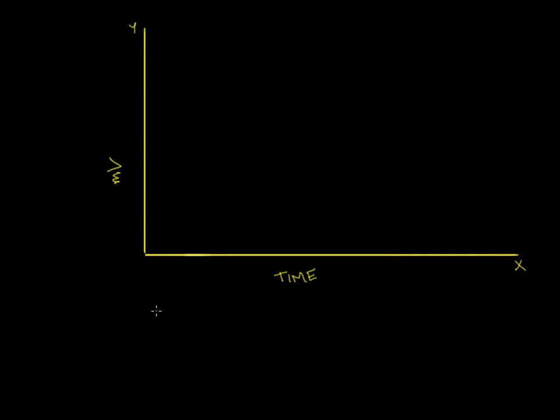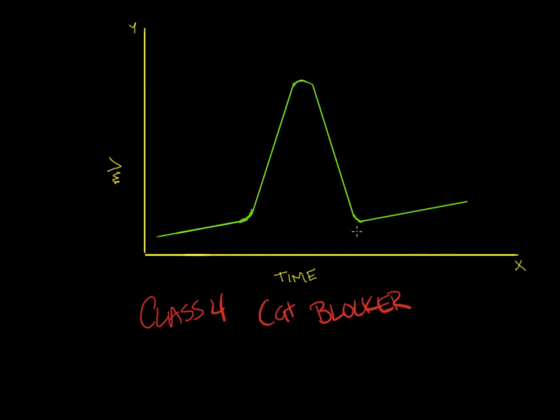Our last class is class 4, or calcium channel blockers. These have an effect on nodal sites, and specifically our phase 0.